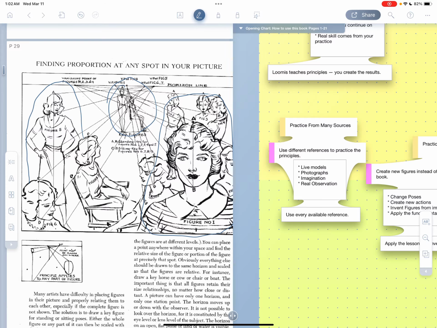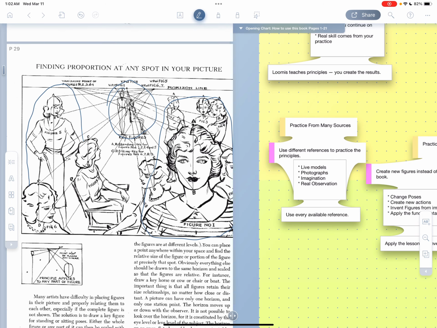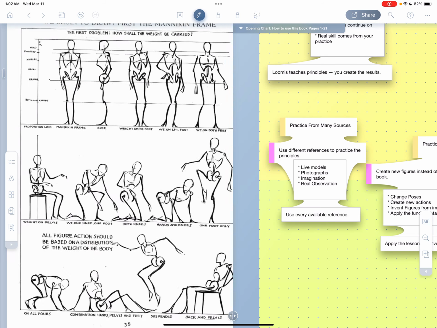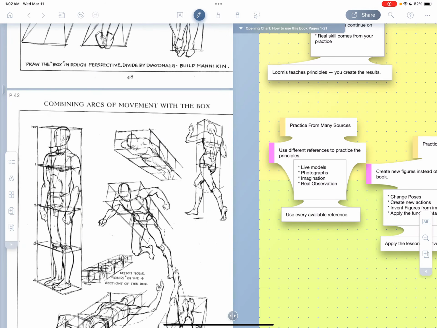Use multiple types of references. You don't have to just use this to understand how figures stand in a scene. Like this person's closer to the picture frame, this person's closer to the horizon. You can take this and apply it to whatever you like, your favorite comic book, and study these concepts. But let's go down a little bit farther.